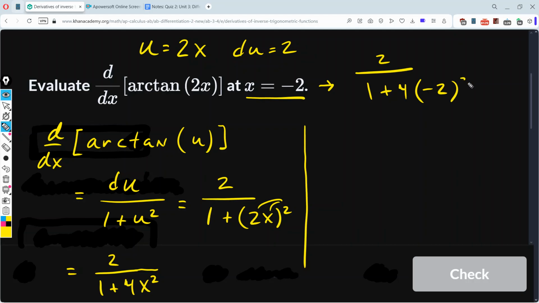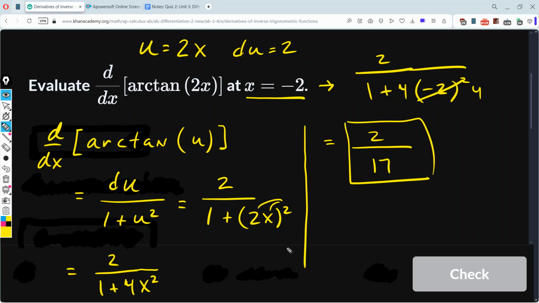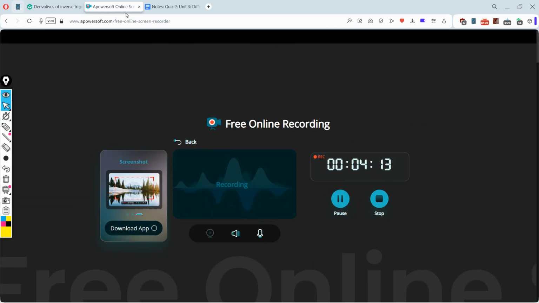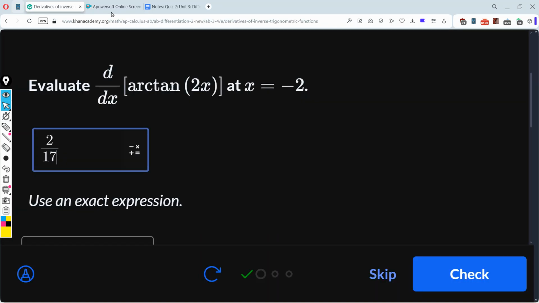Make sure you use parentheses. All right, -2 squared is 4, and 4 times 4 is 16. So we're going to have 2 over 1 plus 16, which is 17. Final answer. All right, 2/17.